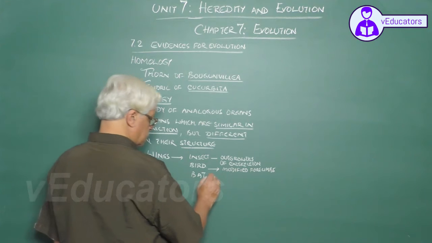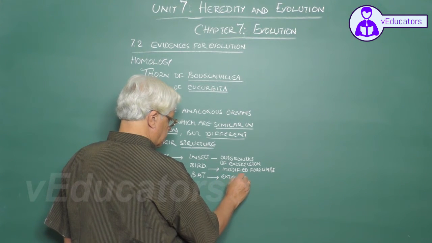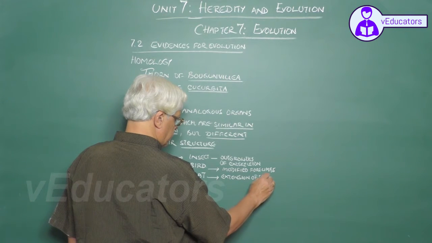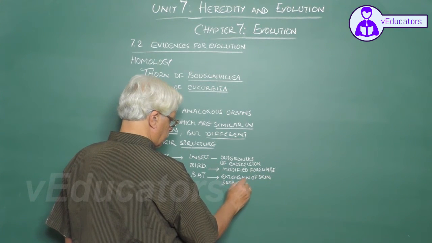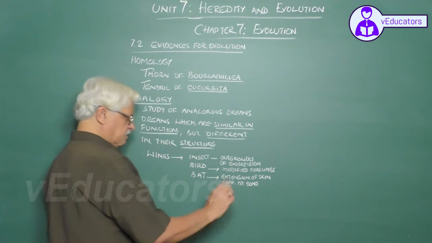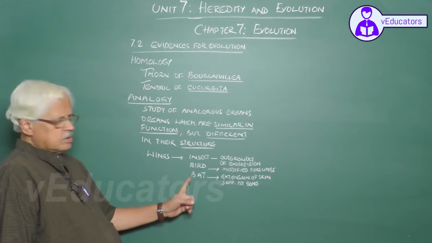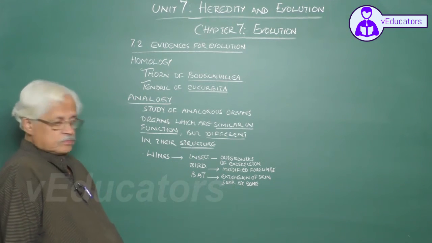Whereas in bat, they are in the form of extensions of the skin supported by bones. So in structure and origin they are totally different, but in function they are all similar. What does this indicate?